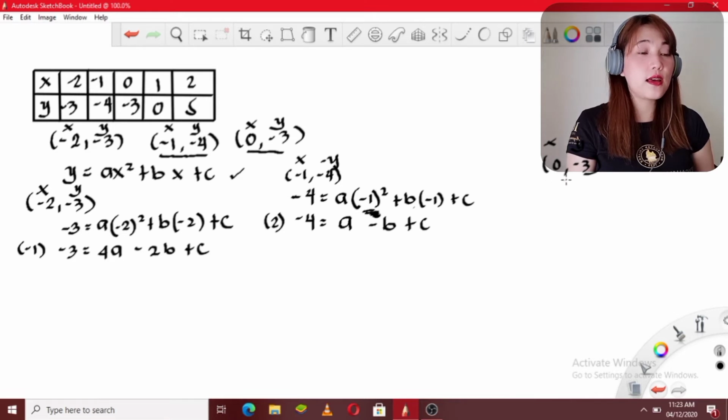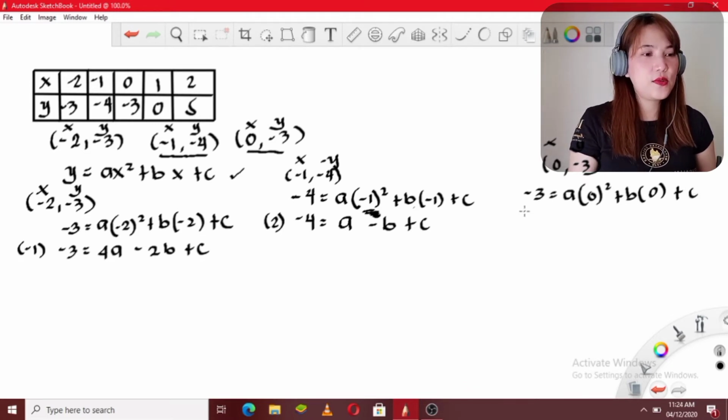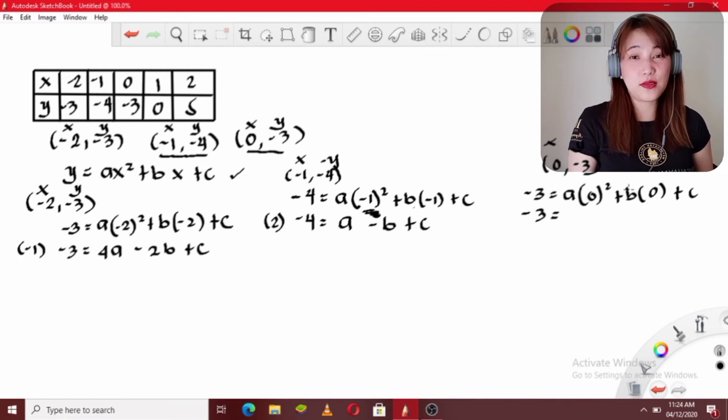So, that is y, which is negative 3, equals ax squared, x is 0, plus bx, again, x is 0, plus c. Okay? So, ayusin. This will become negative 3 equals square of 0, that is 0 times a is 0. So, wala na siya. Plus b times 0 is 0. So, wala na rin siya. Plus c. So, c na lang ang isusulat natin.